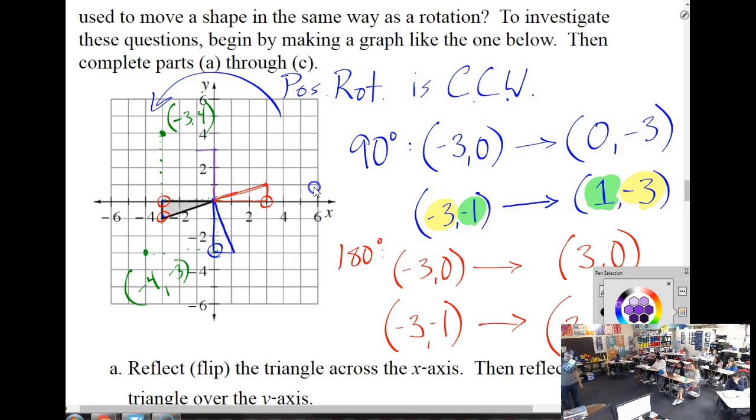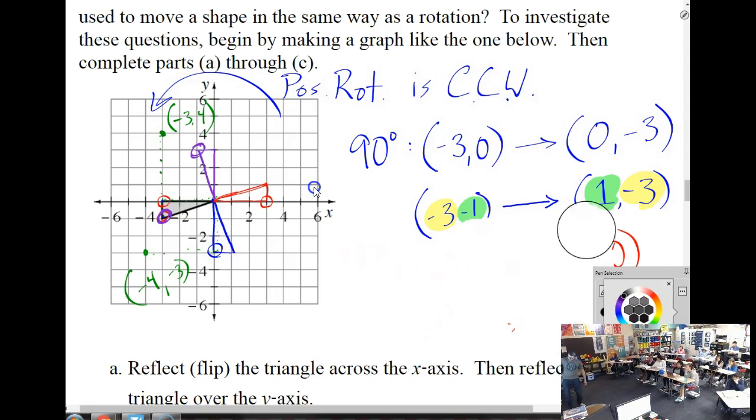here pointed out, this original point of -3, -1 comes out to here. So for 270, I don't like that the color reset.